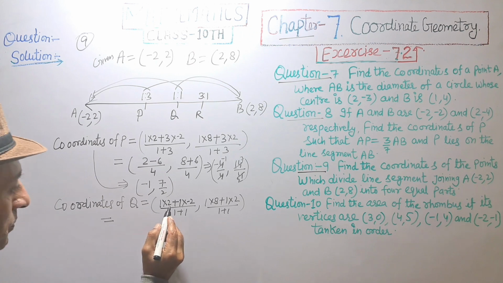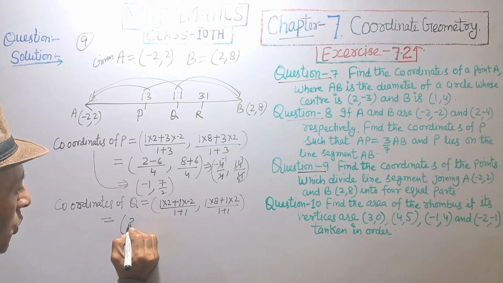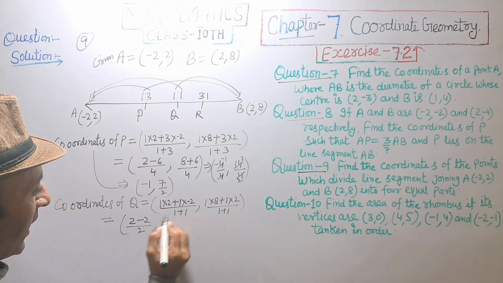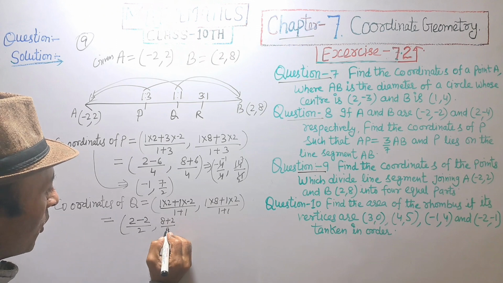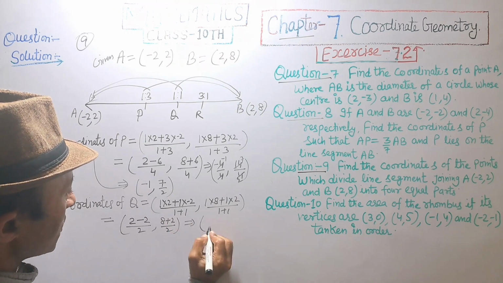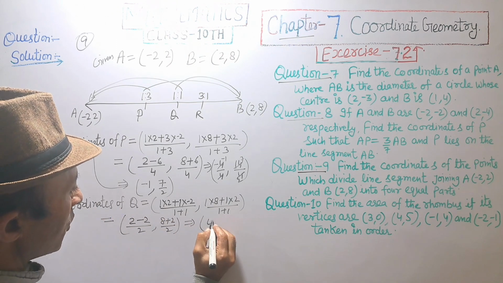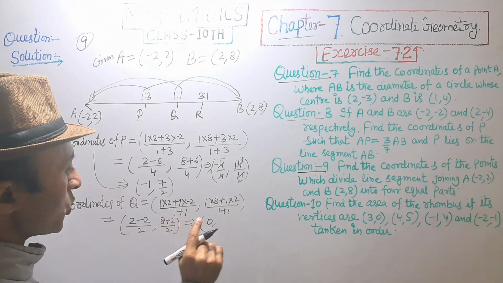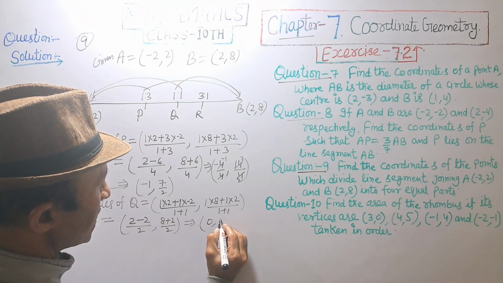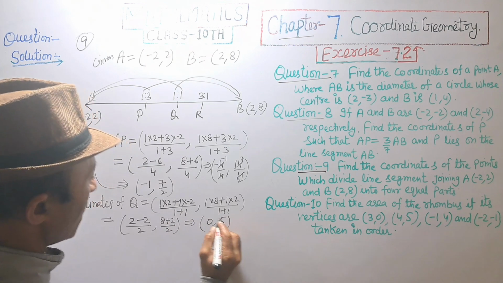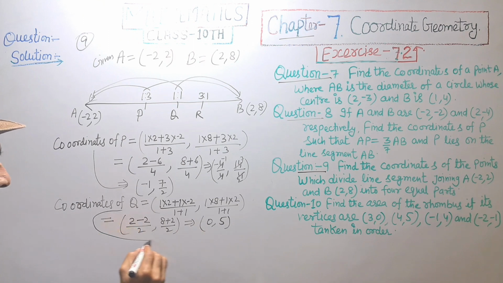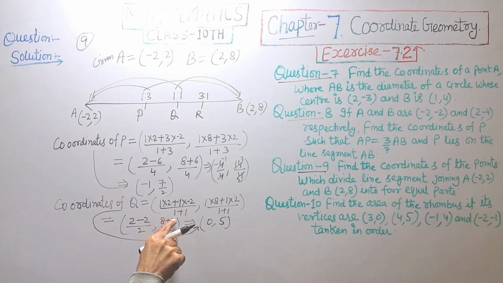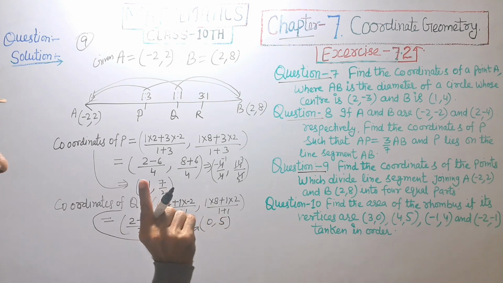That is (2 - 2)/2, (8 + 2)/2. This implies the first coordinate is 0 divided by 2, which is 0, and 8 plus 2 is 10, 10 divided by 2 is 5. So the coordinates of Q are (0, 5).